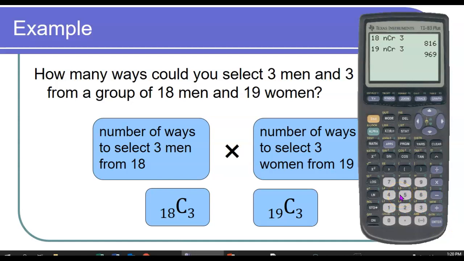So the number of ways of selecting 3 men and 3 women would be 816 times 969. Remember, going back to that, the number of ways of doing A and B is the number of ways of doing A times the number of ways of doing B. And that comes out to be 790,704. So that is the final answer to this question.